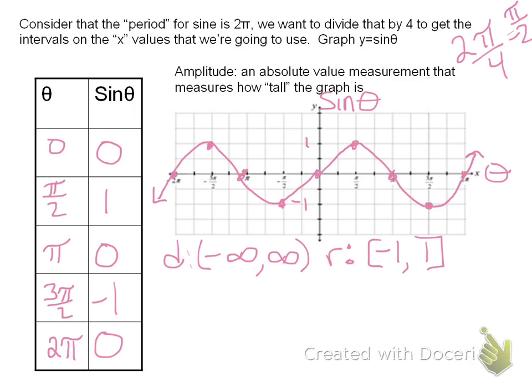So absolute value-wise, from the center to the height, your amplitude here is 1. Amplitude just tells you how tall it is as an absolute value measurement because it's the distance. Questions on amplitude?